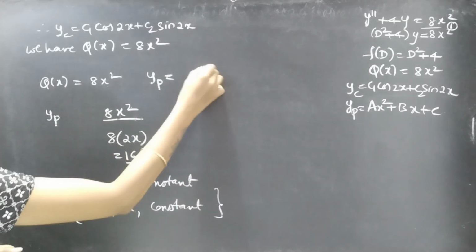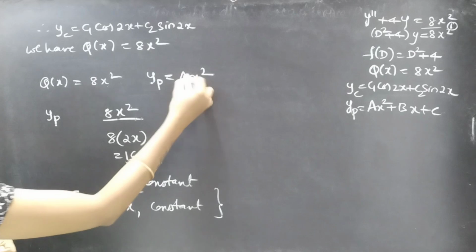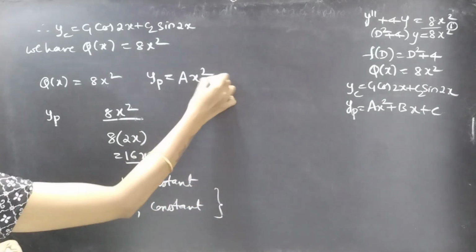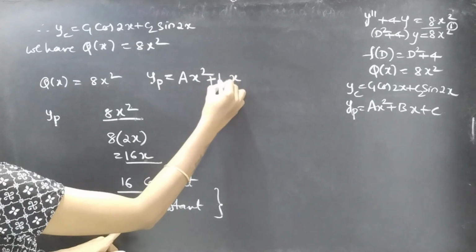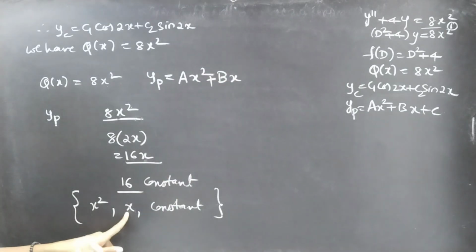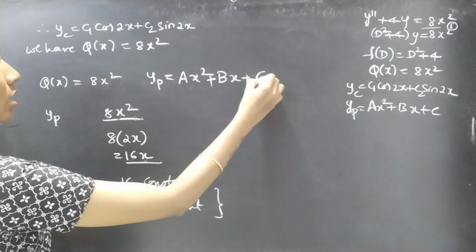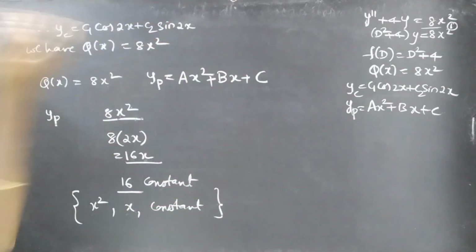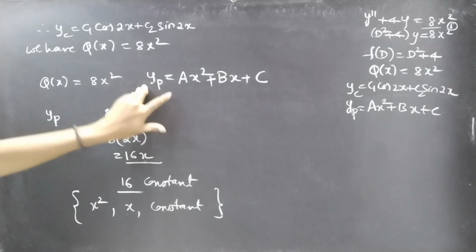Now using this we'll write our yp. yp equals x² with an undetermined coefficient, say a, plus x with its undetermined coefficient, say b, plus a constant with undetermined coefficient c. So this is the formula. Now we need to find a, b and c. We have chosen a formula yp such that it satisfies the given equation.